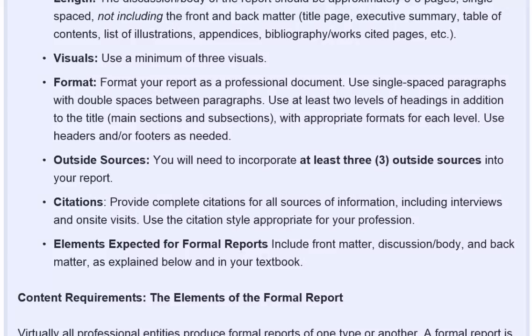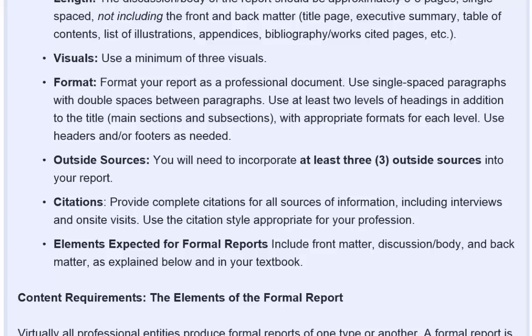You need to use at least 3 sources, and these will be both primary and secondary. Don't worry if you don't know what that means yet. You will in a very short amount of time. And you need to be citing your sources according to the appropriate citation style in your field. So for example, electrical engineering has its own citation style.